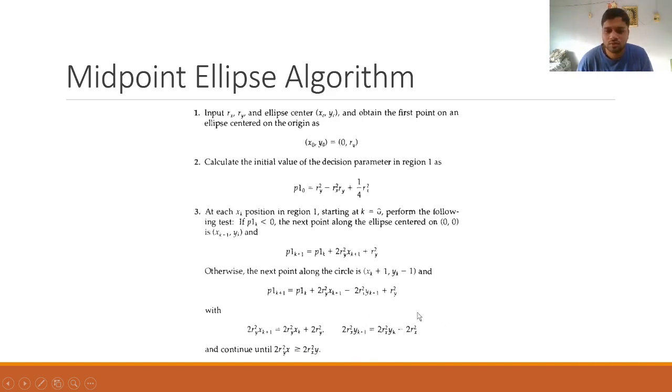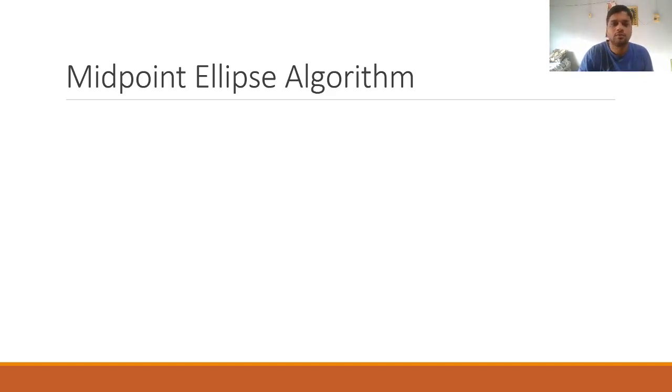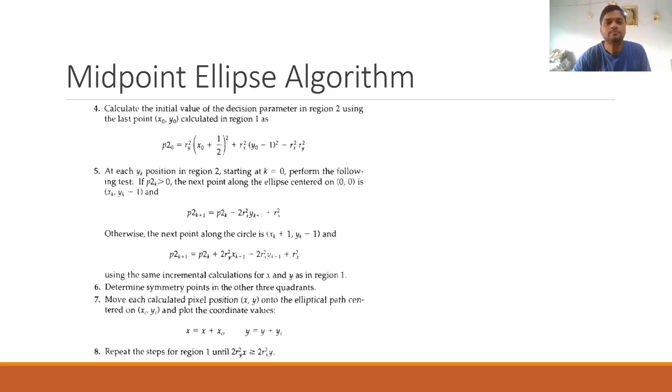So this is just to simplify these two terms for actual use in the program, and continue until I have this condition, that is slope equal to minus 1, that is 2 ry square x greater than or equal to 2 rx square y. So here we are checking the slope condition, that is, till slope equal to minus 1, and then calculate the initial value of the decision parameter in region 2.